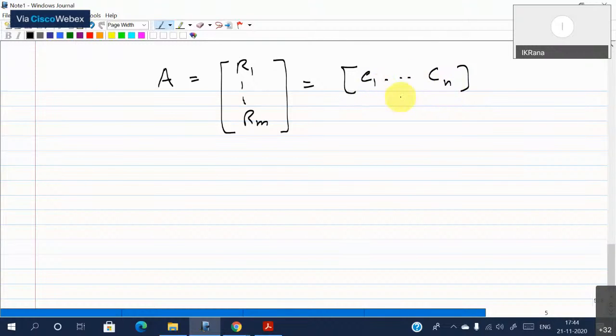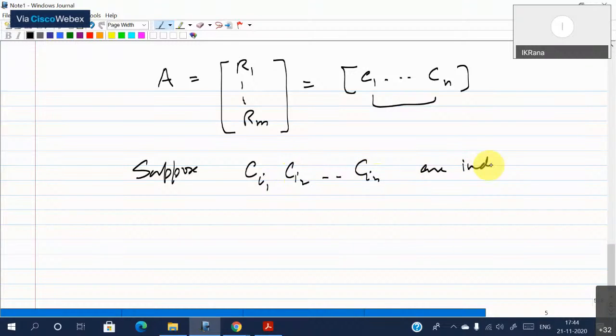So let us say, suppose among all these columns, some of the columns are independent. So let us say Ci1, Ci2, up to Cin are independent.